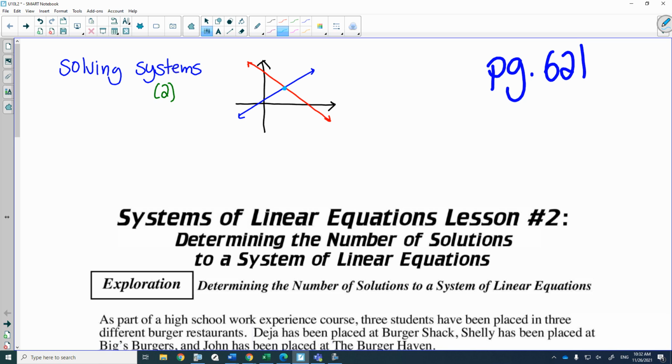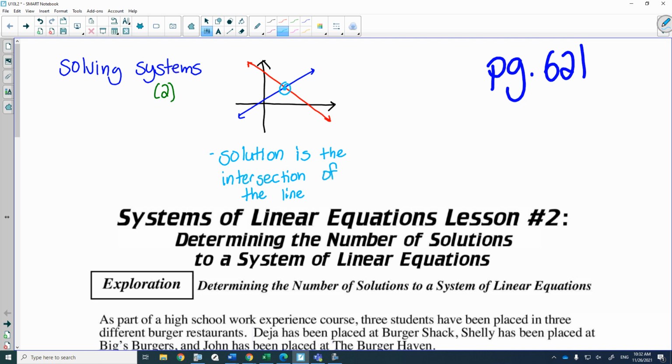So that would be right here. So let's just write the solution is the intersection of those two lines. So this would be the solution.